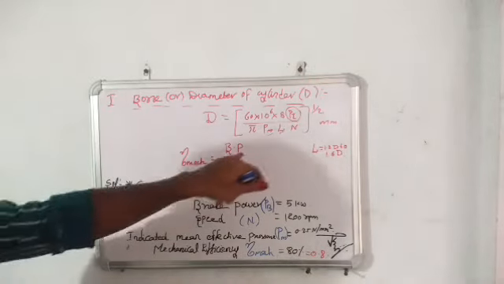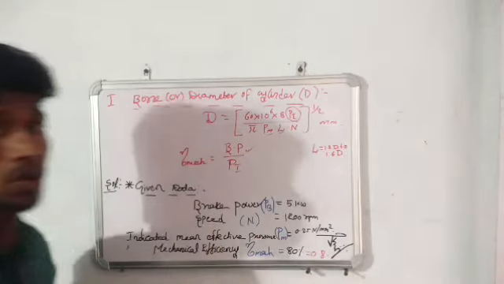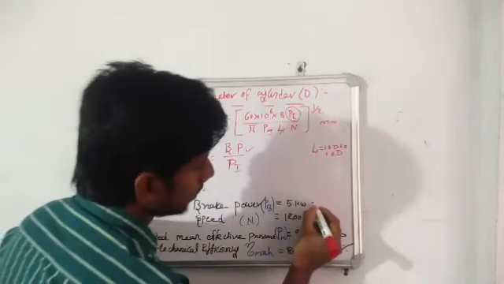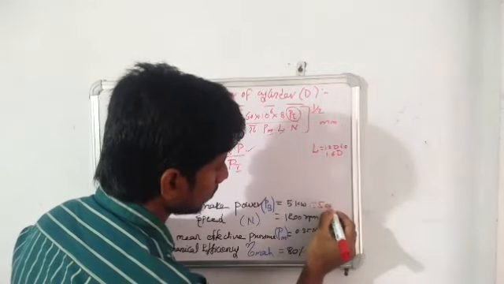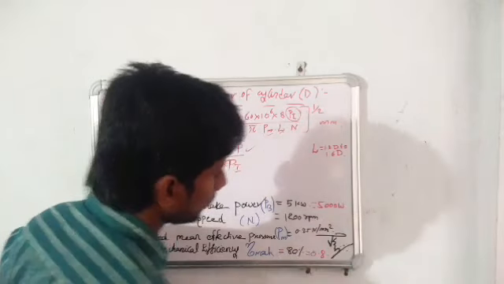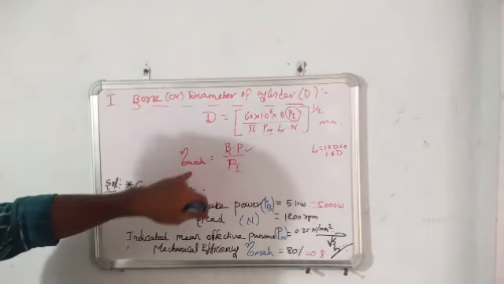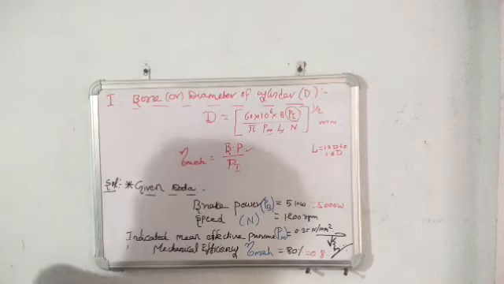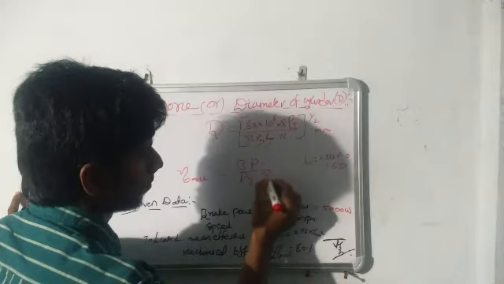And we have the brake power, which is 5 kilowatts, written in watts. With these two terms, it is easy to find the indicated power.